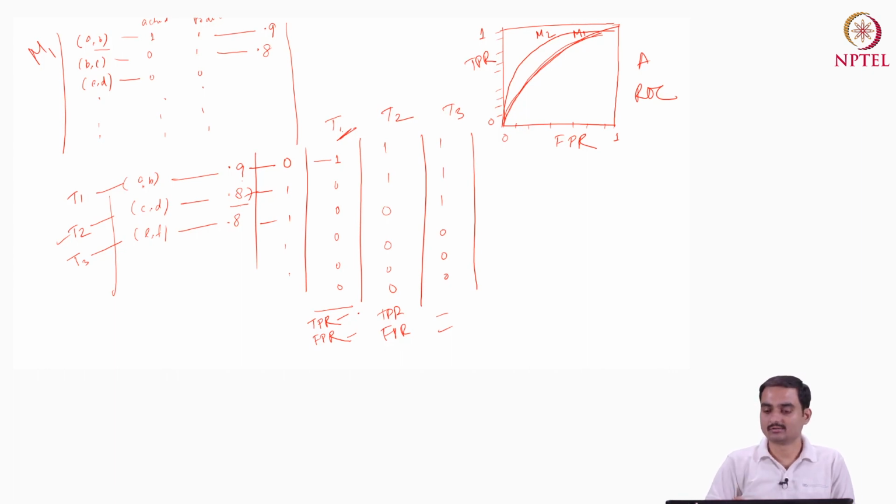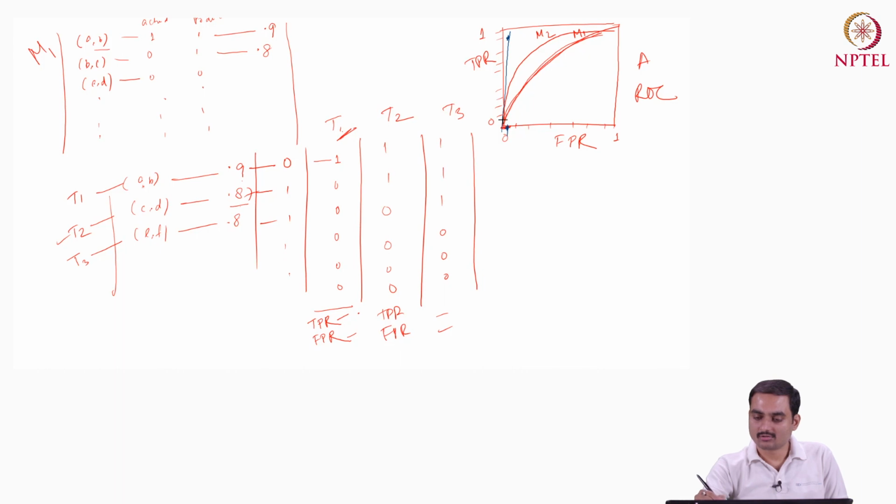Think about it. What would be the best case? With little false positive, if I get the maximum true positive, right? Say with this false positive I get a true positive like this. That is the best case.